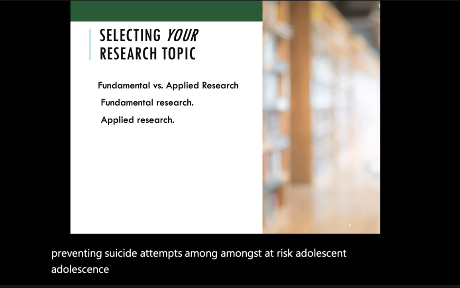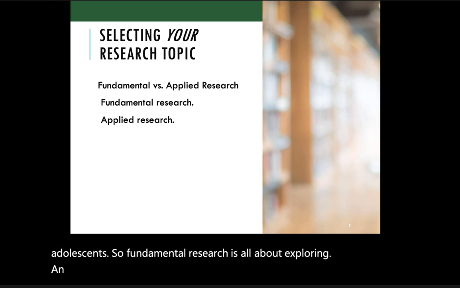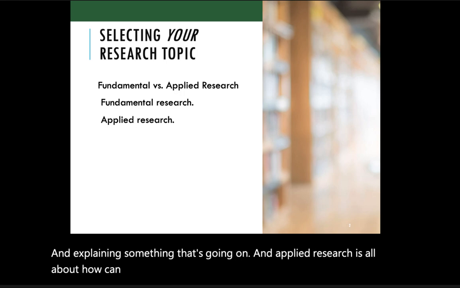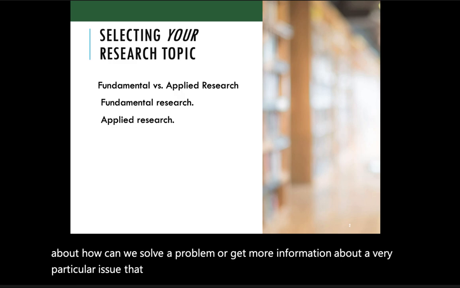So, fundamental research is all about exploring and explaining something that's going on, and applied research is all about how we can solve a problem or get more information about a very particular issue. There's some direct application to it.